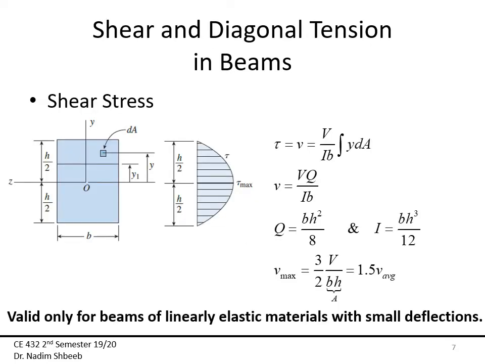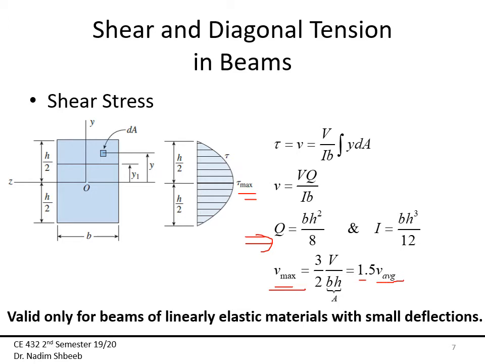So, to remind you, this shows you the shear stress, and this shows you where tau max is. Again, Q being the first moment of area, and I is bh cubed over 12. So my maximum shear stress is going to be 1.5 times the average shear stress.